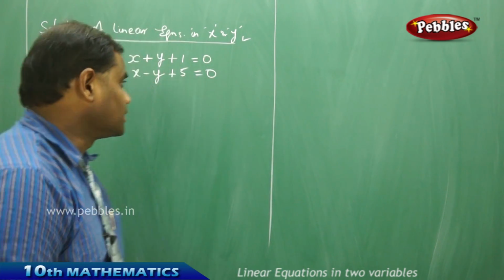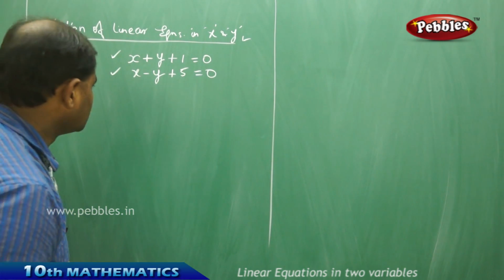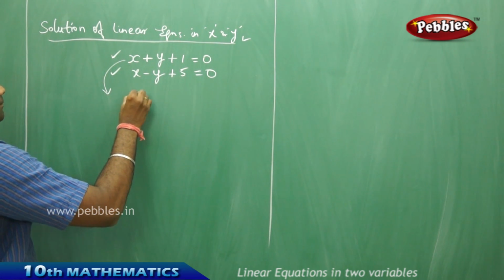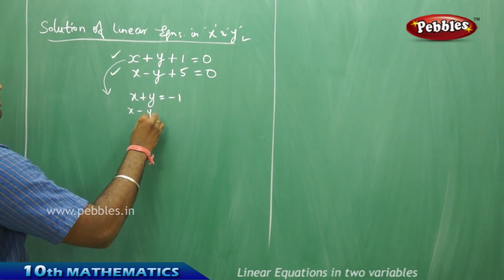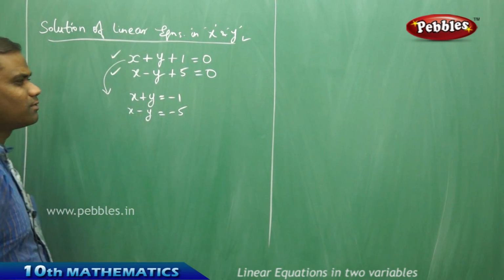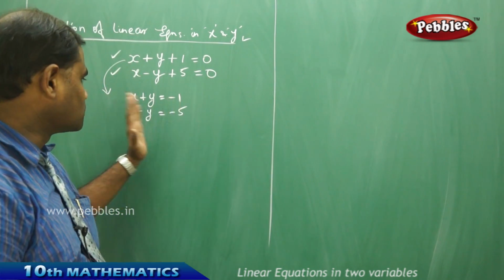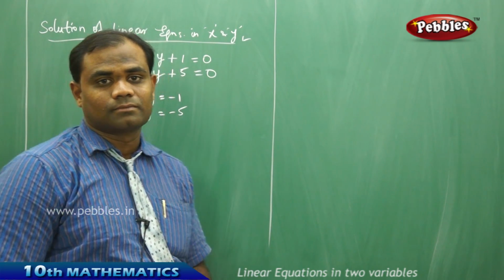Now say for example, I take these two linear equations and I want to find the solution, then each of them I take separately. x plus y equals minus 1 and x minus y equals minus 5. By taking all the constants to the right and all x and y terms to the left, I would like to solve using the simultaneous method.